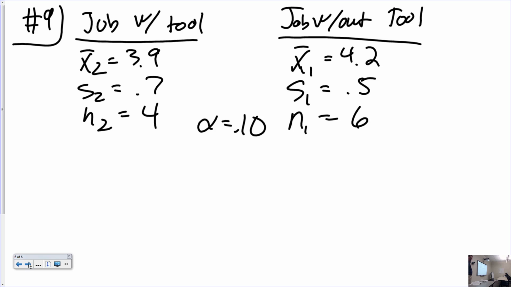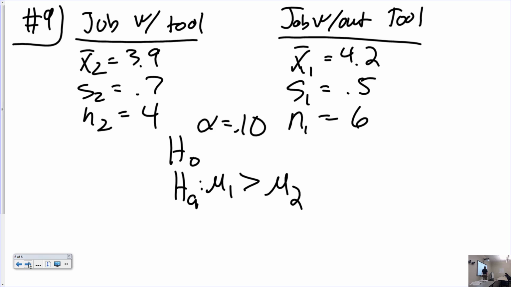Gary says that without the tool, his average time for painting was greater than with the tool. So he wants to show that without the tool, mu1 is greater than with the tool, mu2. And remember that this translates into mu1 minus mu2 is greater than 0.